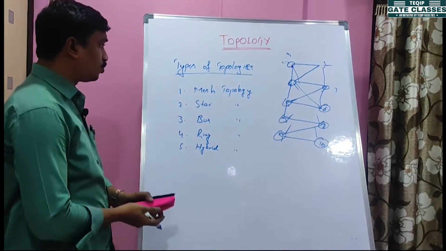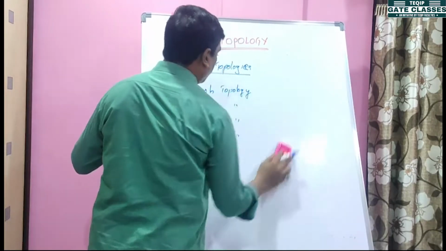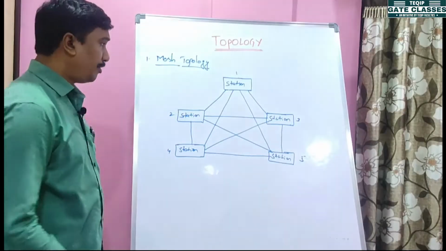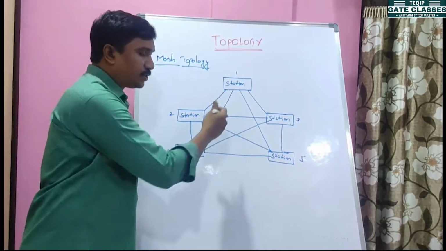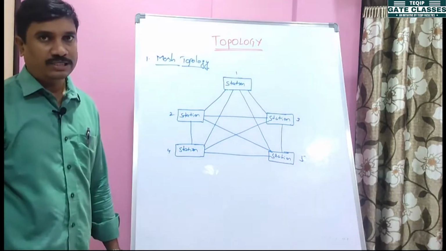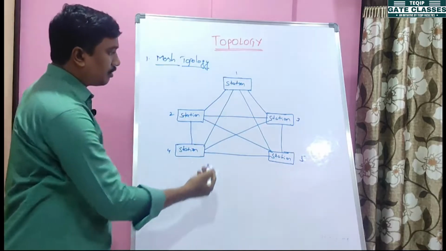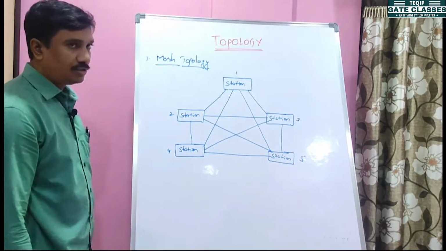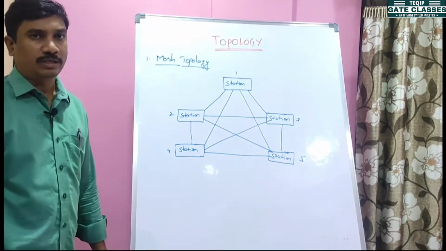Coming to the first topology, the mesh topology. This architecture shows a mesh topology. We have 5 stations, or 5 devices, or 5 computers. How can I connect from one device to another device?